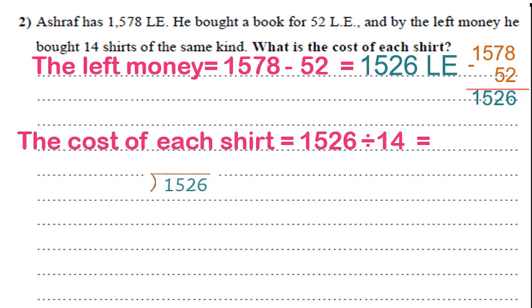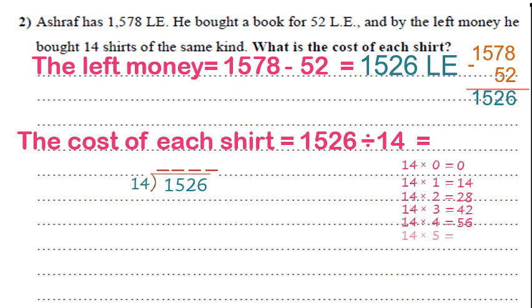I'm going to write 1,526 under the line and 14, the divisor, outside. Here we have 4 digits in the dividend, so the quotient must be 4 digits. And let's write a draft table of 14 from 0 till 5. If I need more, I will continue.